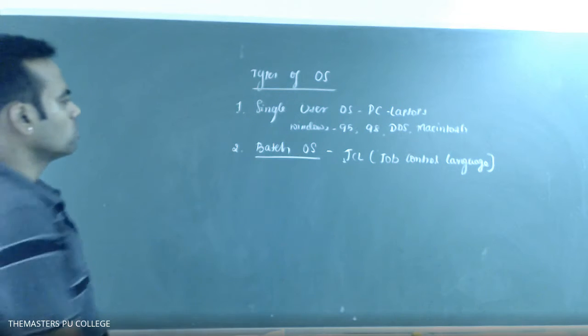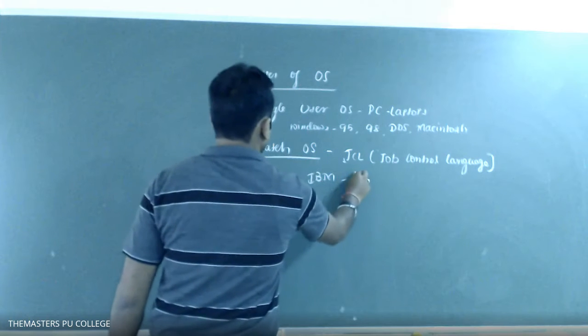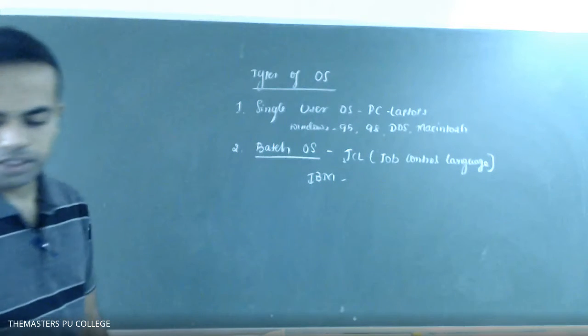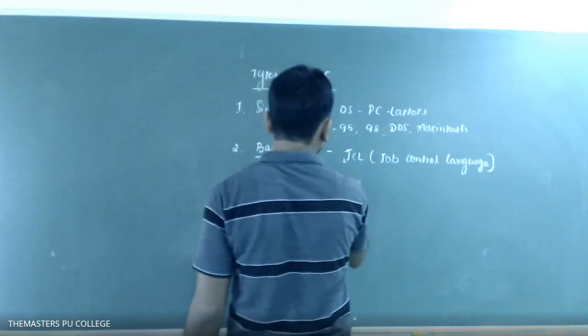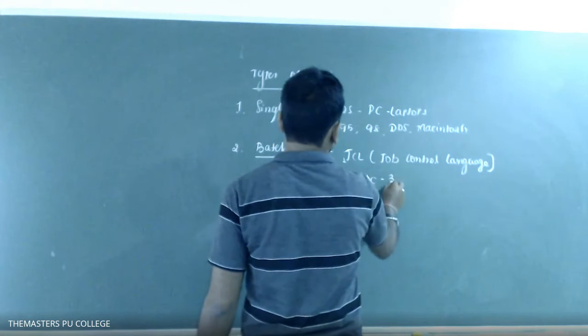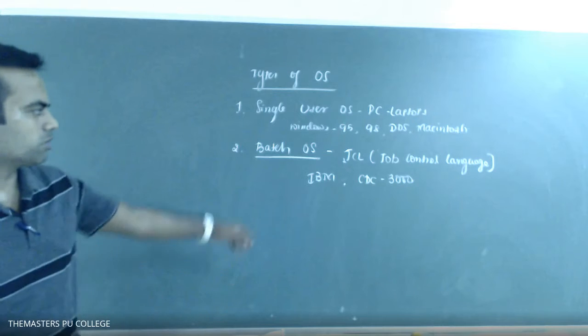Okay, so IBM and CDC 3000. These are the computers which require this batch operating system.